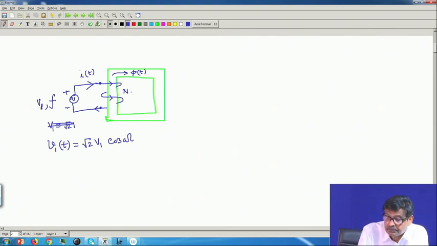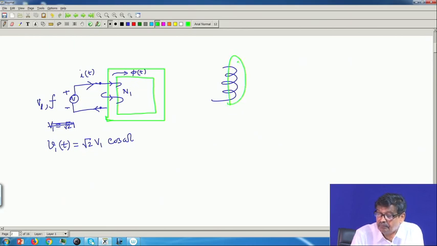Suppose the number of turns of this coil is N, or say N1, a single coil N1. Then according to Faraday, if there is a time varying flux in the coil, this coil itself becomes a seat of EMF, the instantaneous value of which is minus N1 d phi dt.